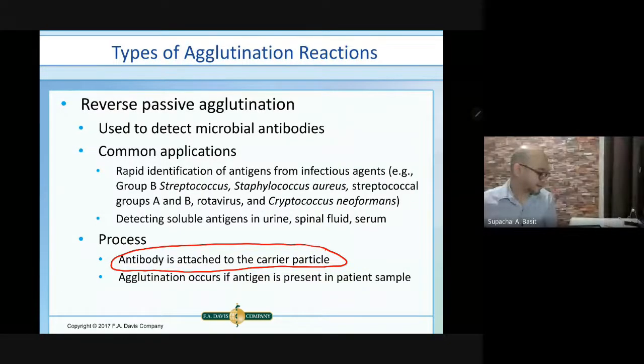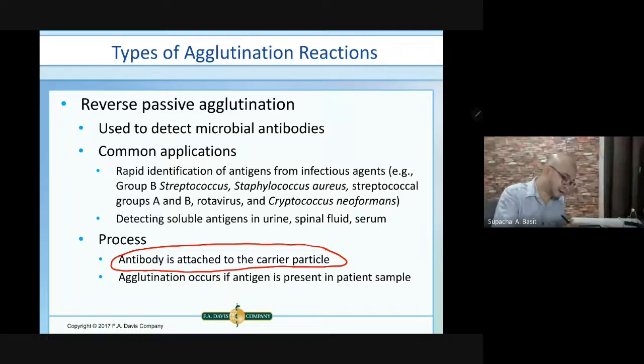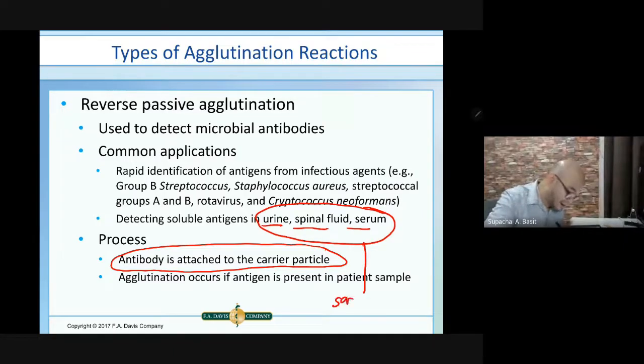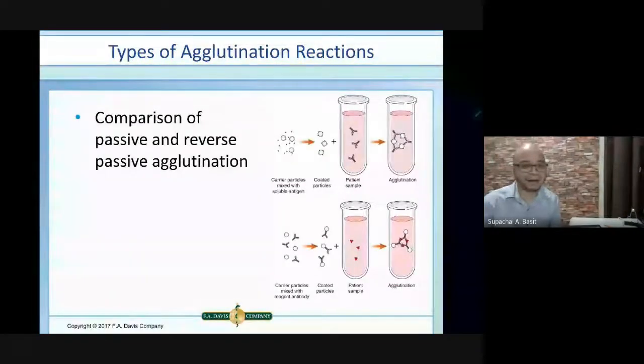In reverse passive agglutination, okay, specimens are urine, spinal fluid, and serum, and these specimens are the sources of antigens. Okay, so that is the reverse passive agglutination.